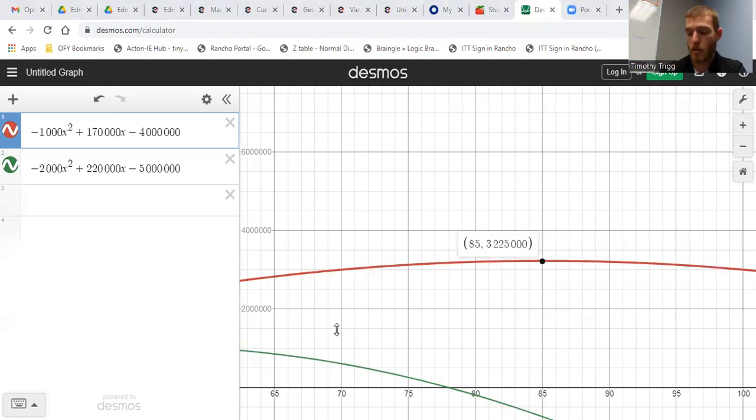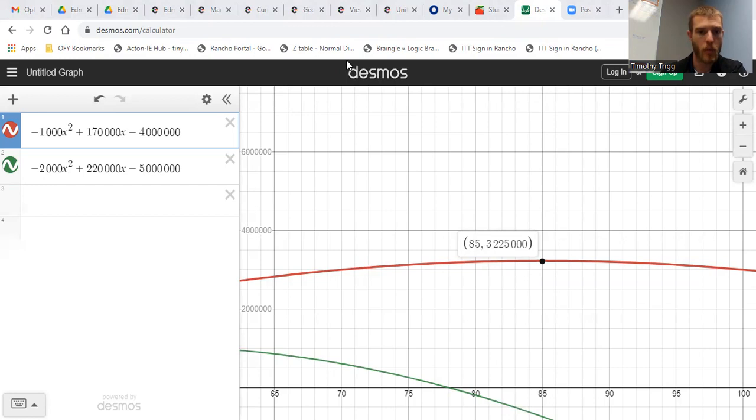Distribute the negative and combine like terms. That gives us negative 270x squared. Plus this negative makes that a plus. Combined with this, that's going to give us 59,000x. And then minus 2 million.